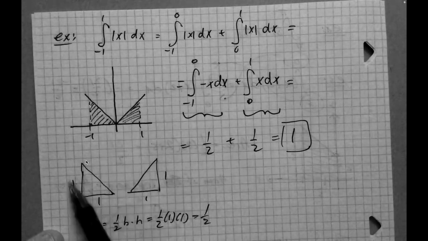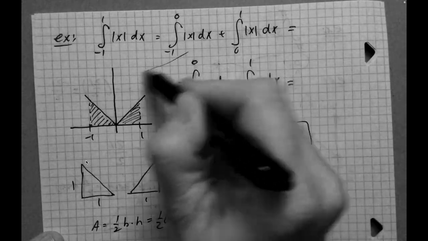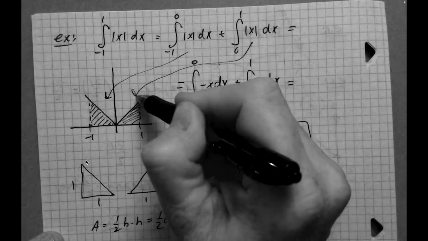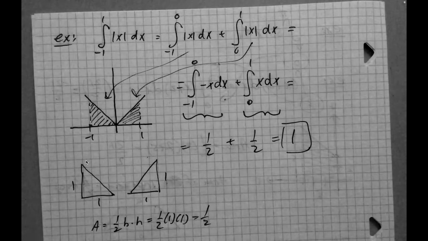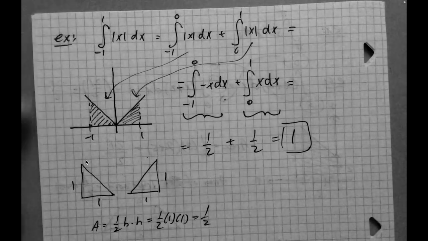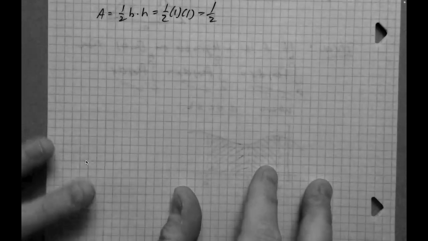So basically we just use the area of a triangle, but in order to do that, we had to know that we could break this into two pieces, which we can. That's what the previous theorem just told us. Excellent. All right. Okay, and a few more properties, and then we'll be ready to really jump into it.